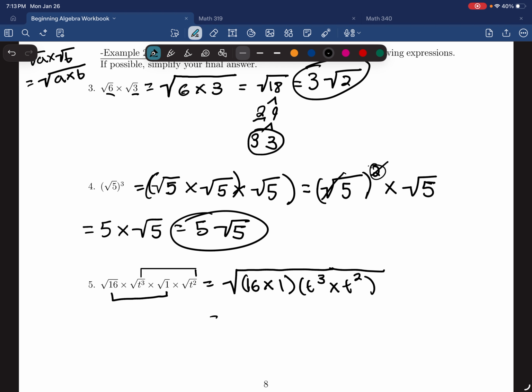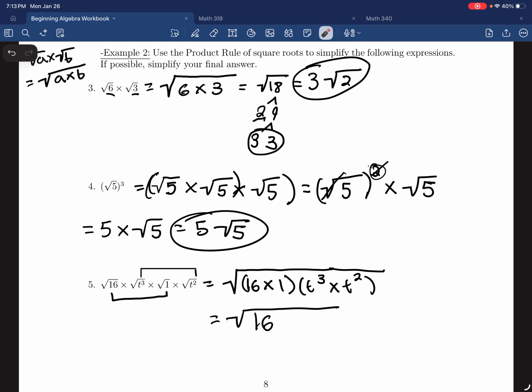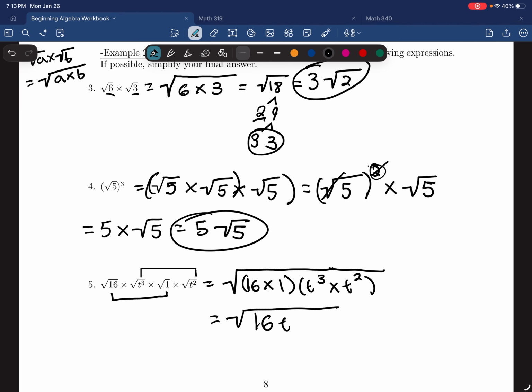And now, we have the square root of 16 times 1, which is 16. And we know that when we multiply 2 things that have exponents, we add the exponents. So it's going to be 3 plus 2, which is 5. So we're going to get the square root of 16 times t to the 5th power. And now, all we have to do is simplify the square root. Well, I know that the square root of 16 equals 4.